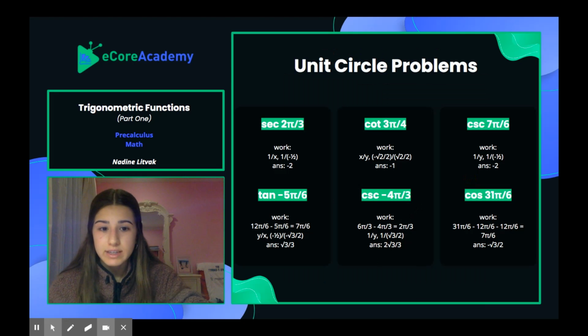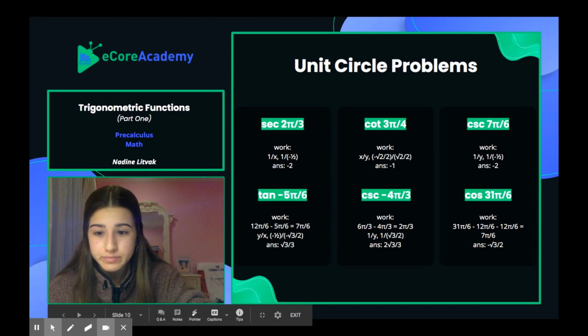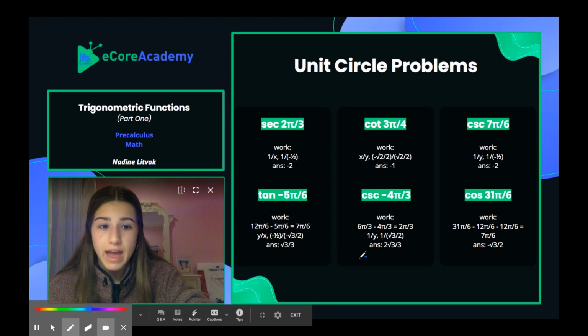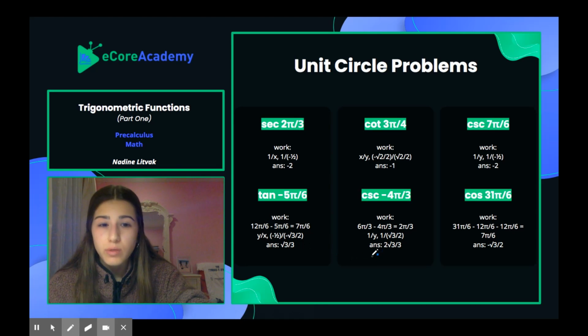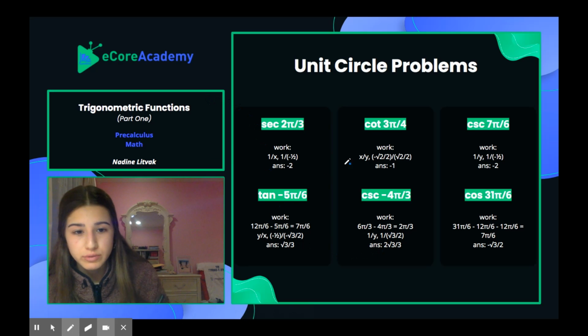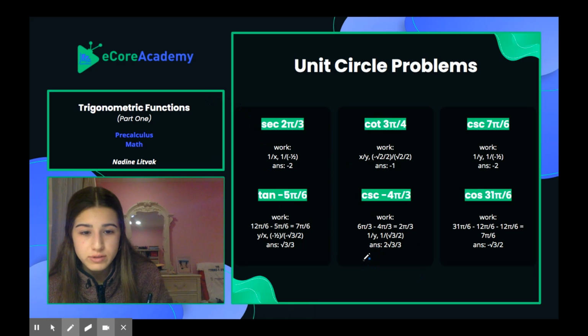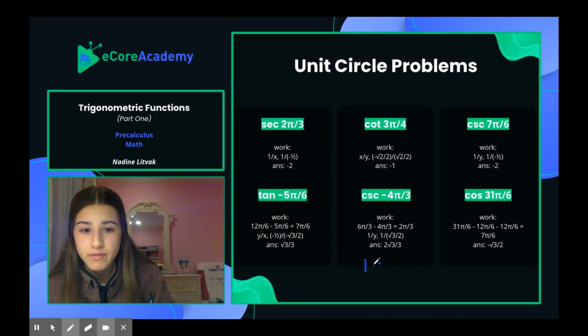We know that cosecant is 1 over y, and on the unit circle the y value for 2 pi over 3 is root 3 over 2. So we have to do 1 divided by root 3 over 2, which is the same as multiplying by the reciprocal. So you would do 1 times 2 over root 3, and you would get 2 over root 3.